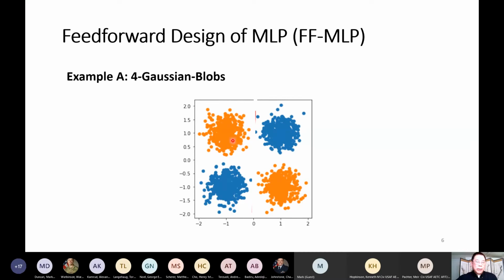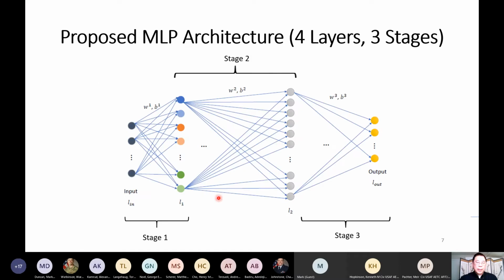Here I show just an example. There are two classes, orange and blue, and each class has two Gaussian blobs: two Gaussian blobs here, two Gaussian blobs here. How do I design the MLP stage by stage? In our design, there are three stages.